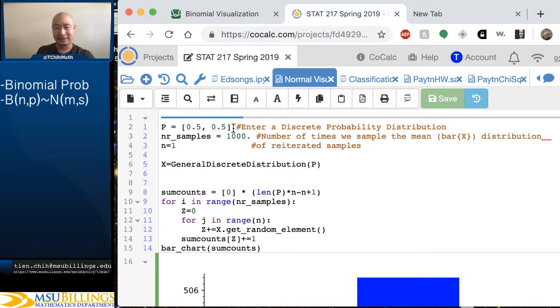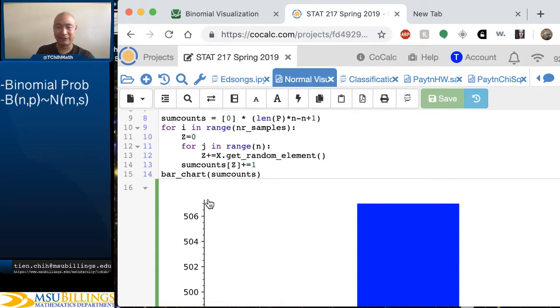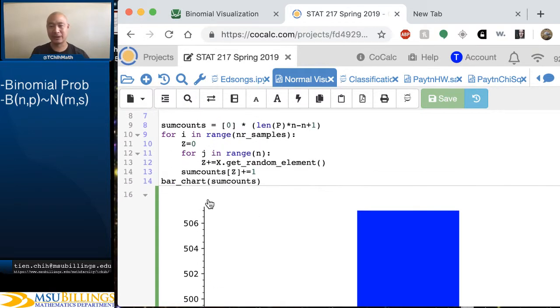And if I do this 1,000 times, what are the outcomes of that? And so we can see in this example here that there's 493 zeros and 507 ones, which totals to 1,000, right?